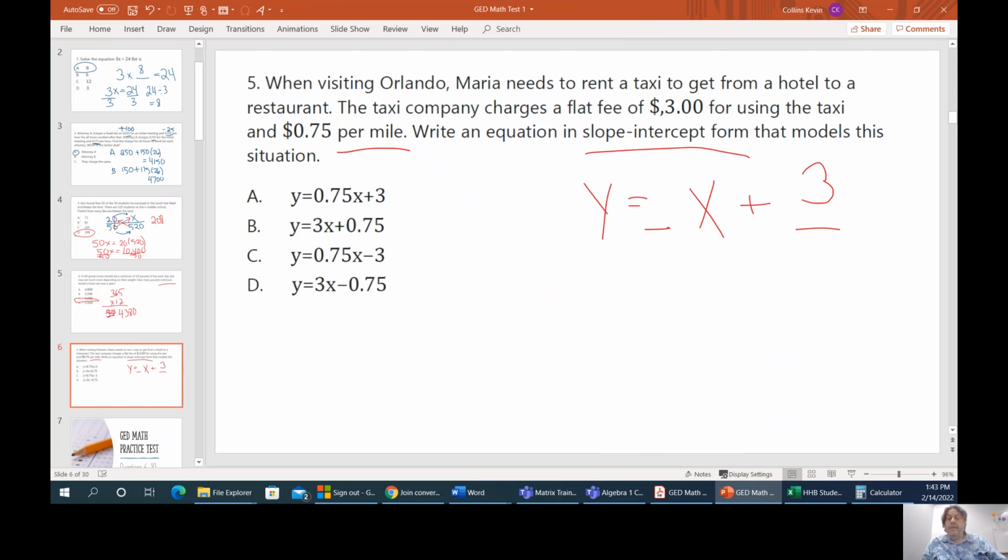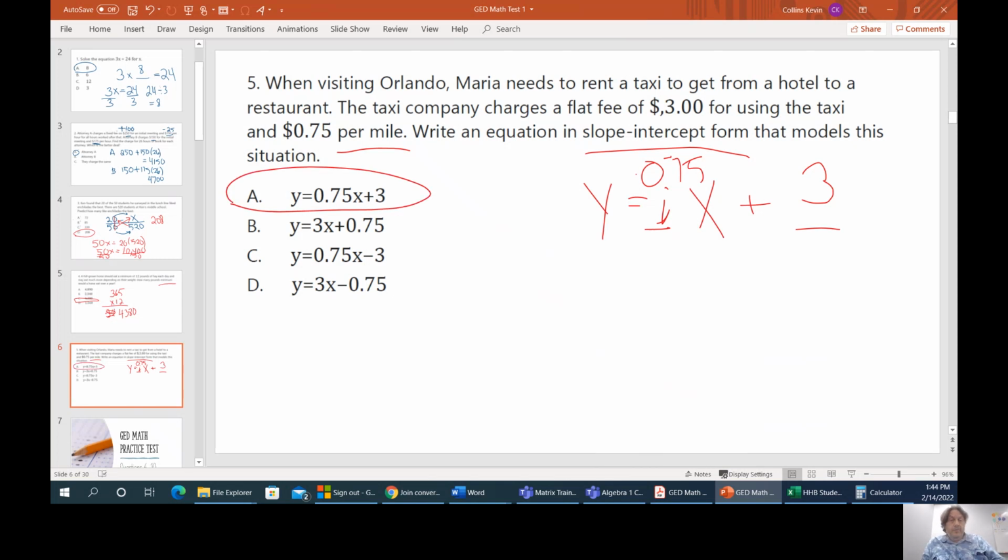So any number that's being changed by so much, per minute, per mile, per whatever, is going to go with the x. So then that means this guy, I'm going to cram this in here a little bit. So it's 0.75 goes into here. So 0.75x plus 3. So we check our answers out. And here's our guy.